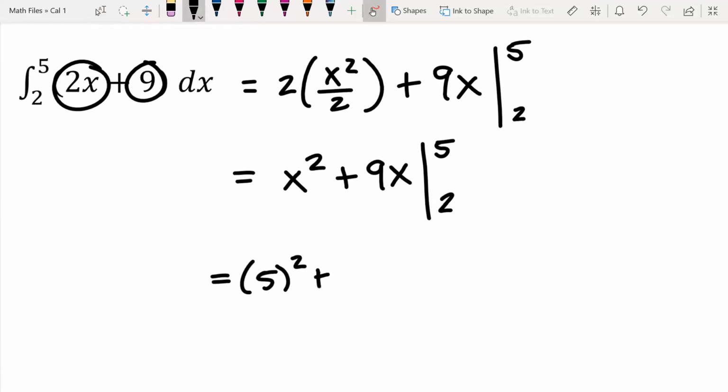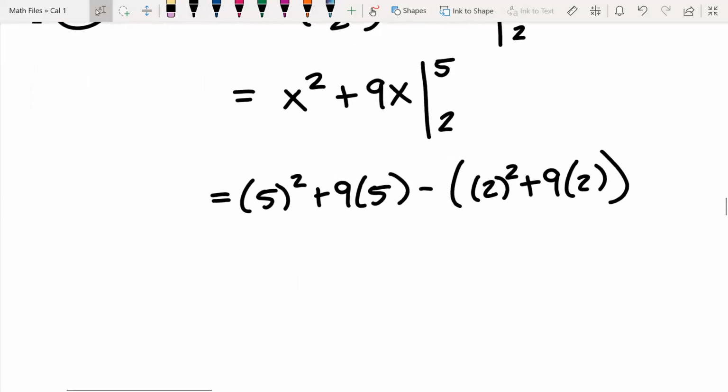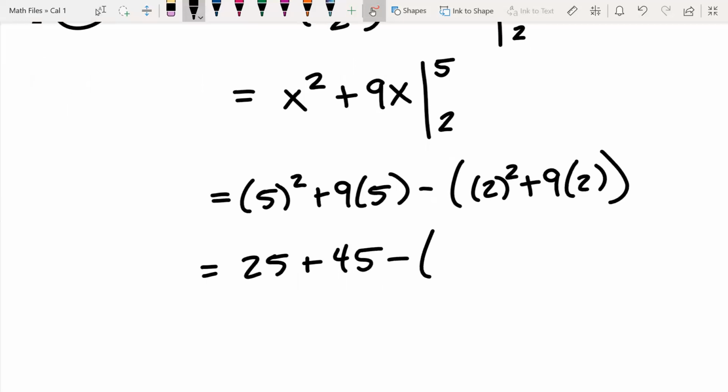5 squared plus 9 times 5 minus 2 squared plus 9 times 2. And then 25 plus 45 minus 4 plus 18.